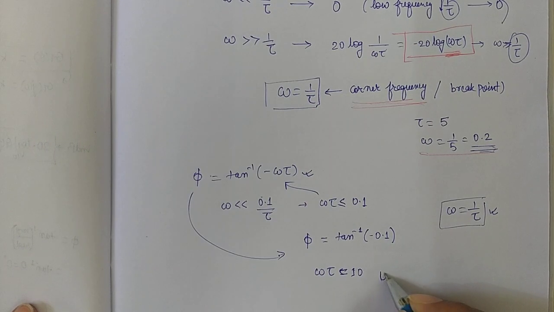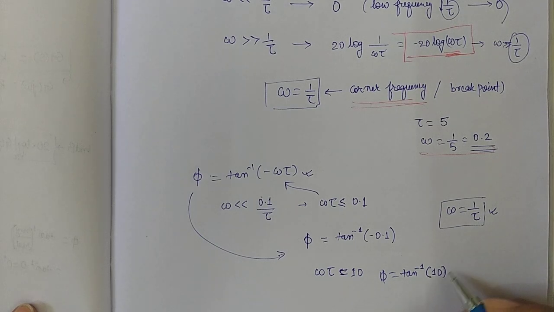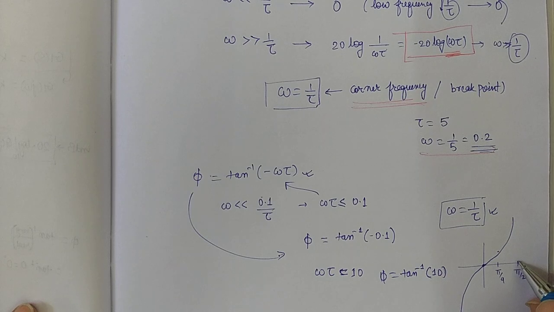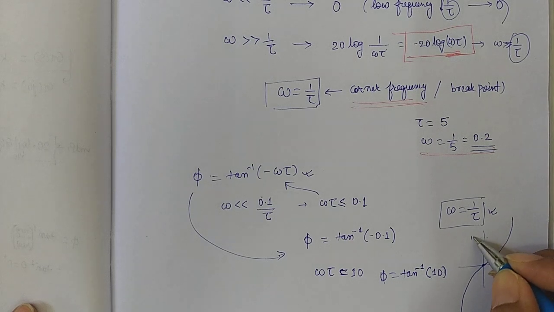Phi is equal to tan inverse 10. So how does your tan function look like? Pi by 4, pi by 2. So this is your 0, this is your 1, this is your infinity. It goes like this, right? So you will get a higher number, 10 or so. Let's suppose this is your 1, this is your 10.